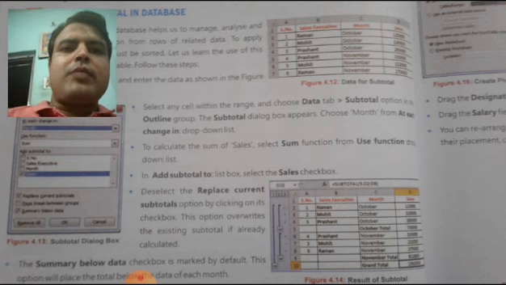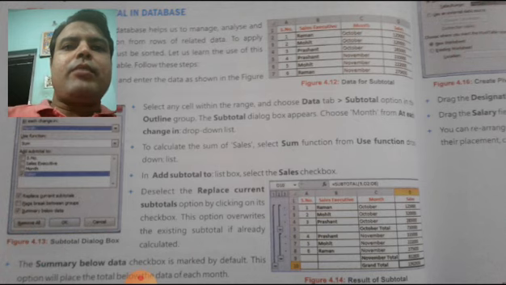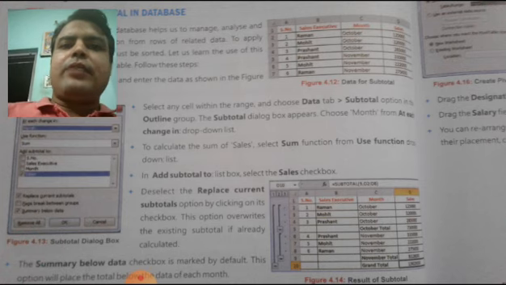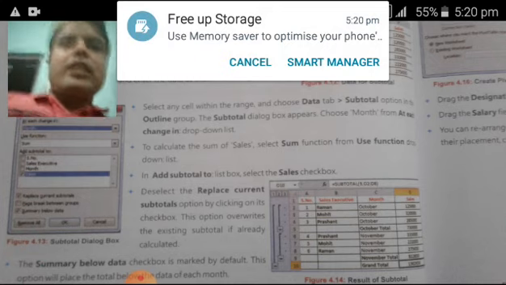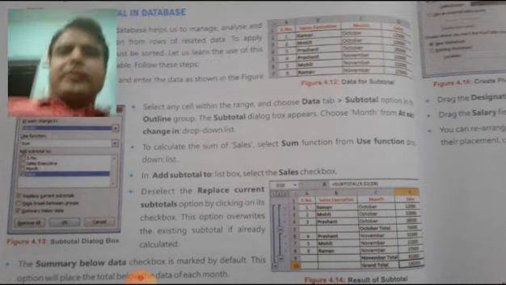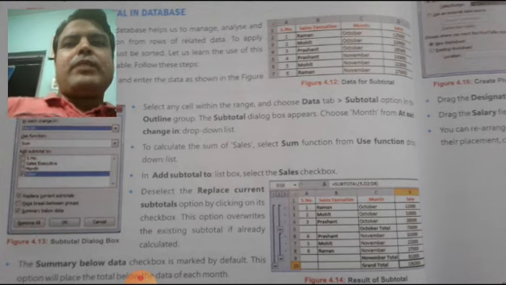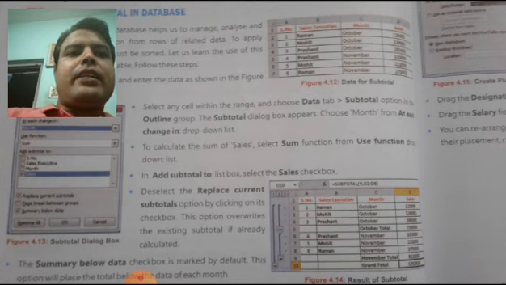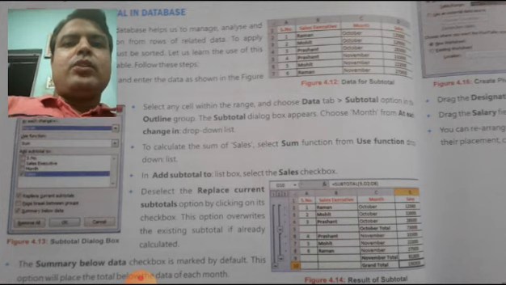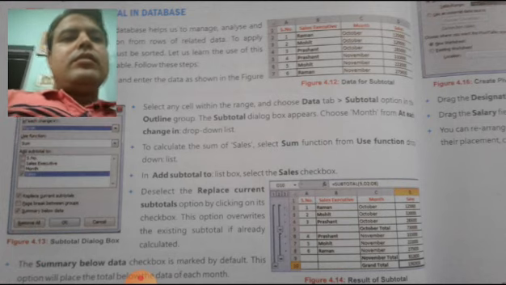In this database table, the total sales of the sales executive, that is salesman, has been given for the month of October and November. By using subtotal feature, we can display the details given in figure 4.12 as it is given in the figure 4.14. In figure 4.14, the total sales for the months of October and November has been displayed separately with grand total in another cell. We can do so by using subtotal feature.